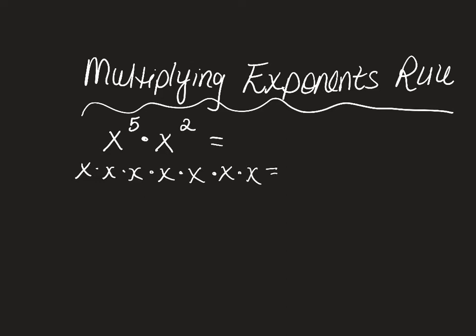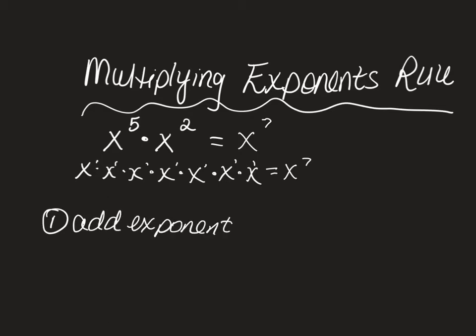Now, if I were to simplify that, well, my base is x, and if I count how many I have here, I have 7. So if you look at the original, how do you get to x to the 7th without doing all that work? Well, you add the exponents, right? But I just wanted you to see where it comes from.